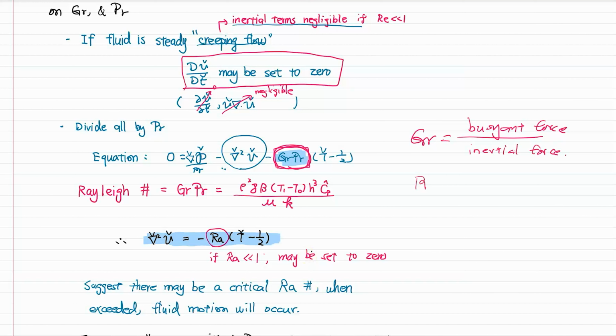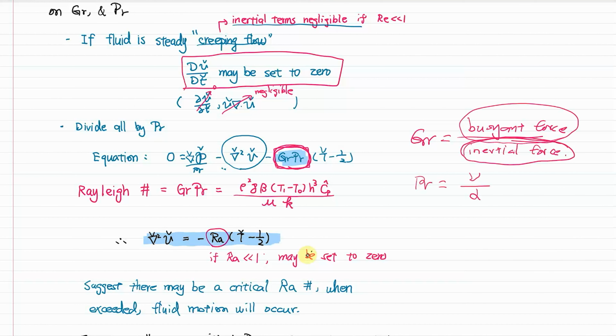And the Prandtl number is momentum transport by viscosity, so kinematic viscosity over thermal diffusivity. So what this tells us is that the Rayleigh number is describing the conditions here. For a large Grashof number, the buoyant force dominates the inertial force, and free convection will occur.